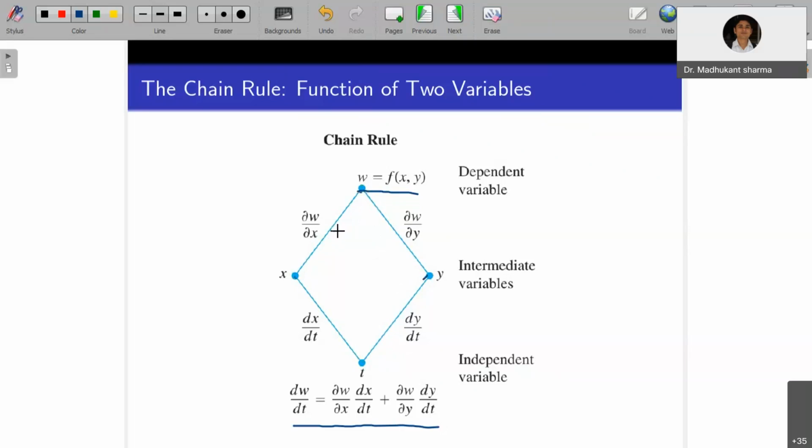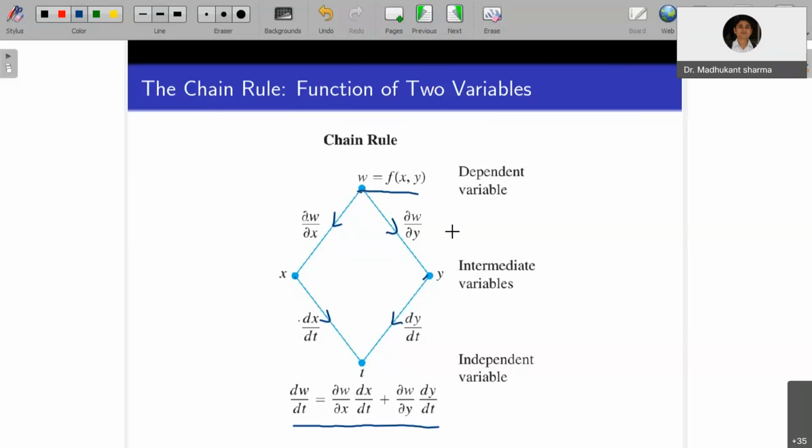This side is a simultaneous task, like in probability concepts, so the product rule occurs. dou w by dou x into dx by dt will be the first term. Another is dou w by dou y into dy by dt.